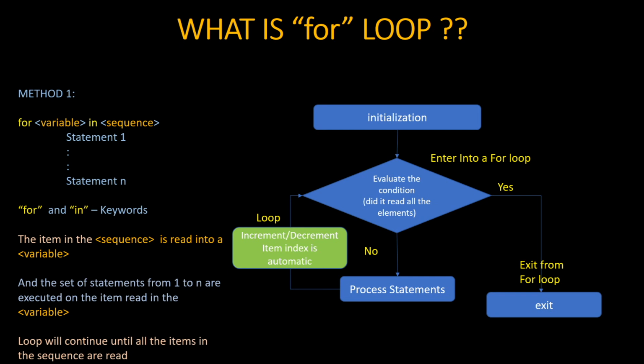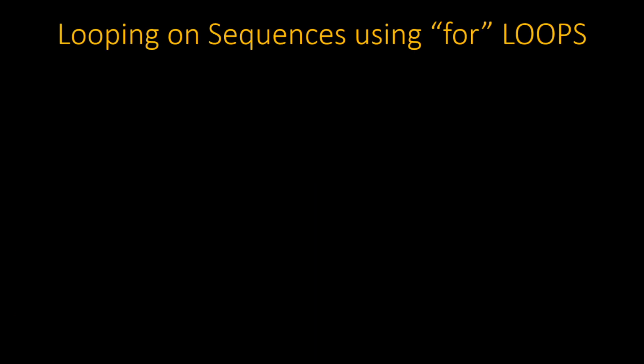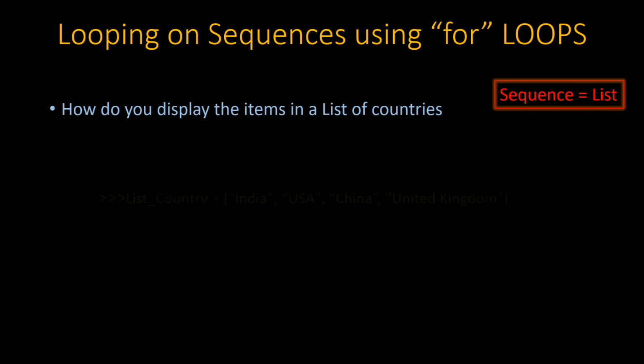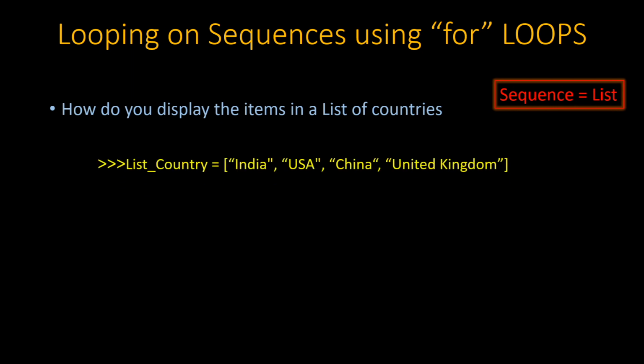So let's go further and talk about a small example which says, how do you display the items in a list of countries? In this case, what is the sequence? The sequence is a list. So we have a list of countries: India, USA, China, and United Kingdom.